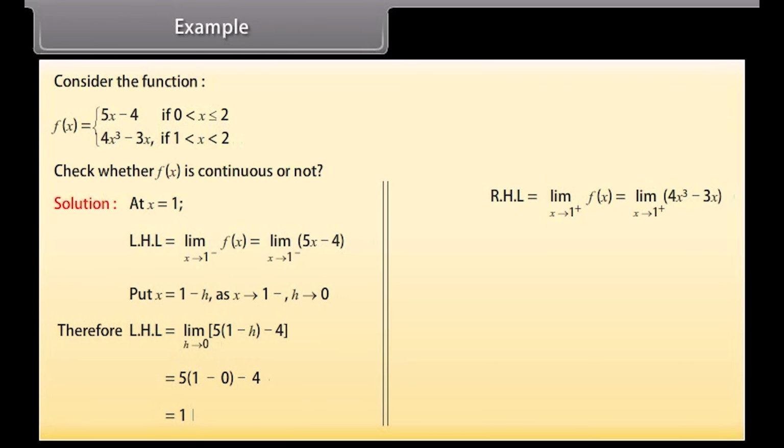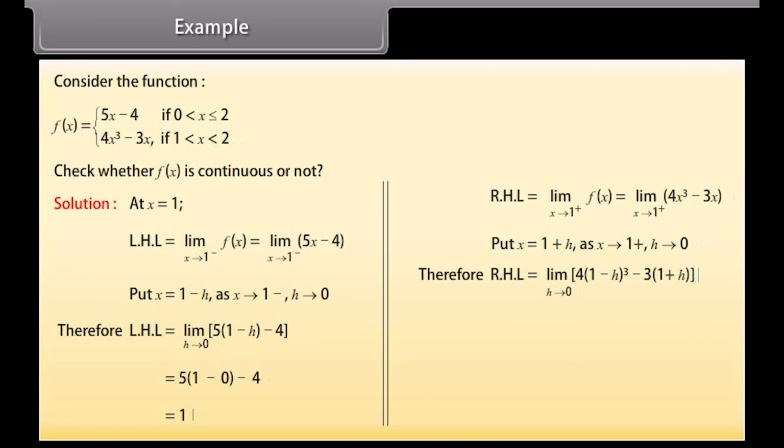Right-hand limit is equal to limit x approaches 1 plus f of x, is equal to limit x approaches 1 plus 4x cube minus 3x. Put x = 1 plus h. As x approaches 1 plus, h approaches 0.